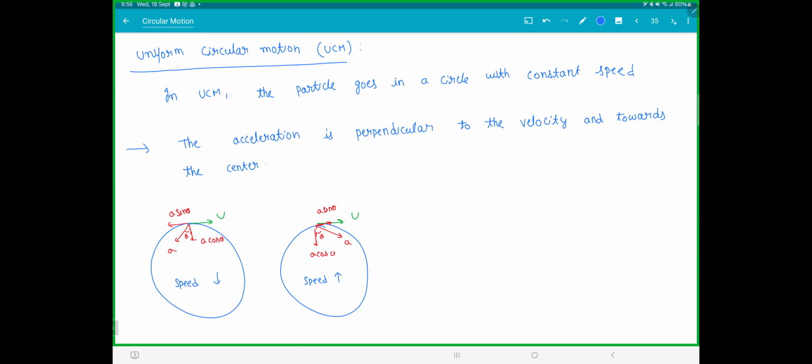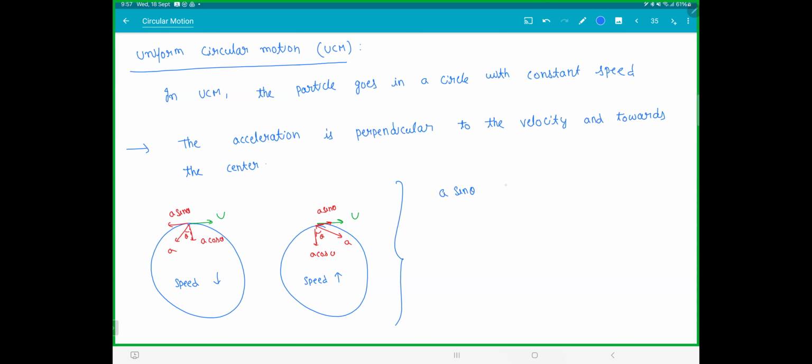But what did you say in the question? The particle is going with constant speed. That means your speed cannot increase, your speed cannot decrease. That means you can't have an obtuse angle, you can't have an acute angle. So what is the only angle you can have left with? 90 degrees. Make sense? So what happens here is the a sin theta changes the speed.